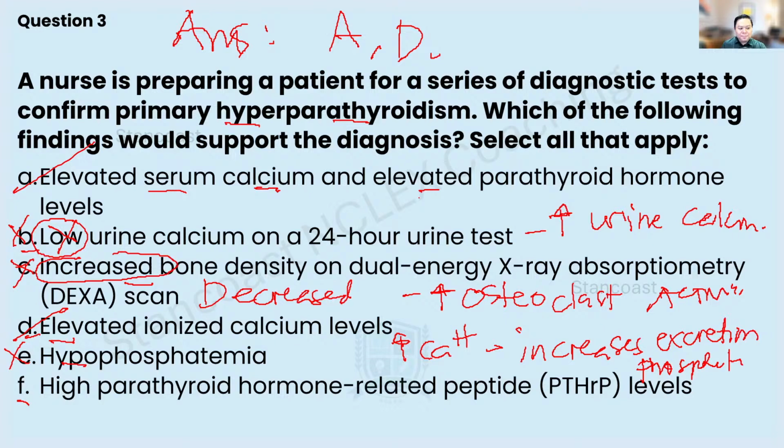What about letter F? High parathyroid hormone related peptide levels. Is this correct? Well, this is incorrect. The reason is that the PTHrP is only associated with malignancy-related hypercalcemia.